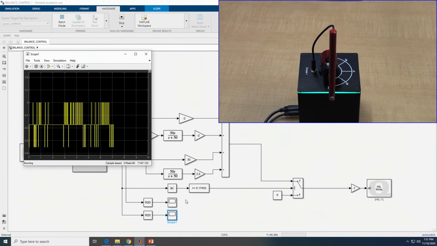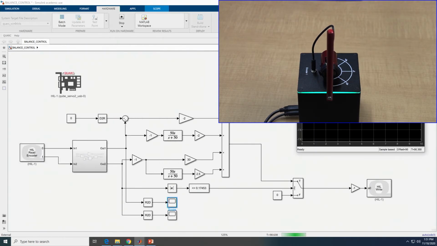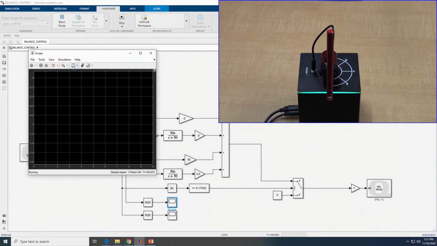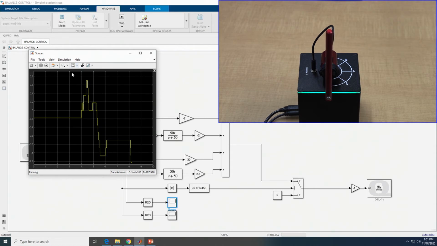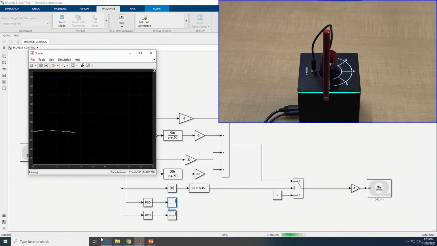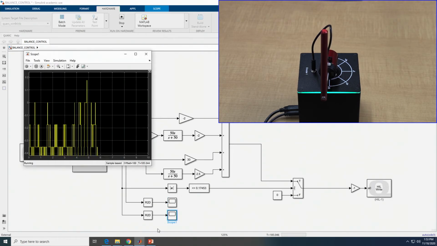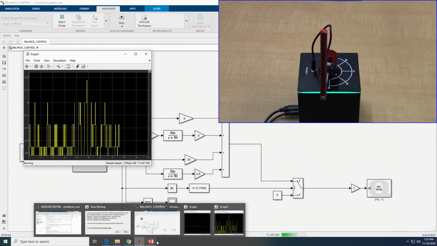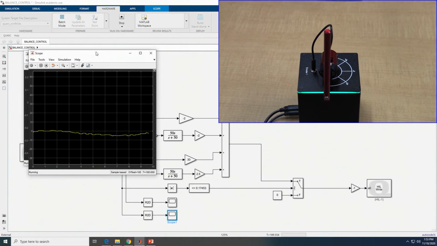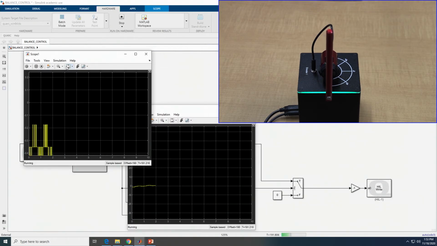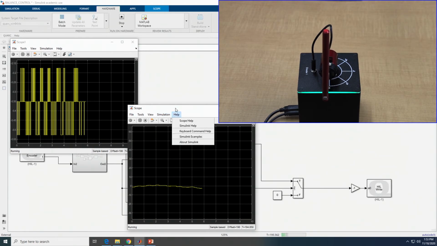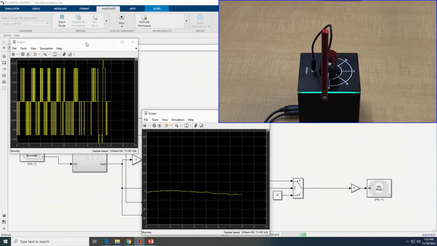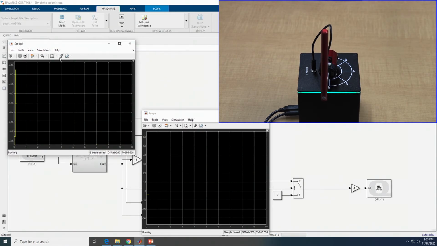If I go and check the angular position of the arm, I can see that that has also a value of around 0. So if I open both of the plots and see them side by side, you can see that both of the angles are around the designated reference value of 0.